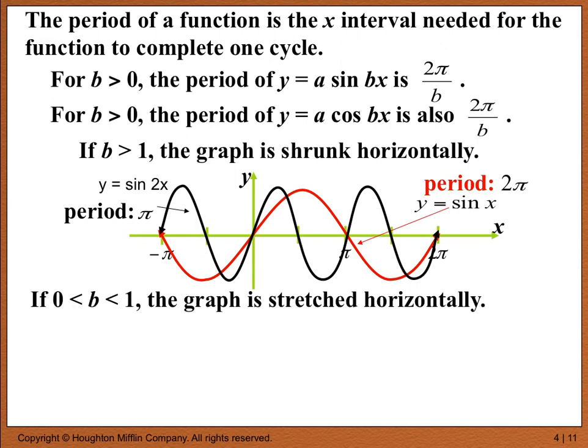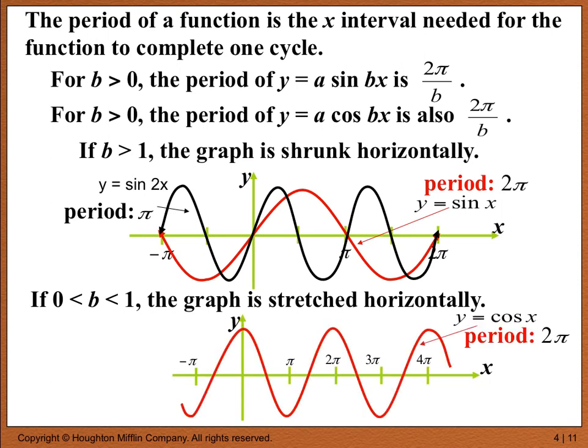If 0 is less than b is less than 1, the graph is stretched horizontally. Notice that since we shrunk the period, we can call this a horizontal shrink in the graphed example. But if b is between 0 and 1, then I'm going to have a horizontal stretch. In other words, the period is going to be bigger. Let's look at an example of that.